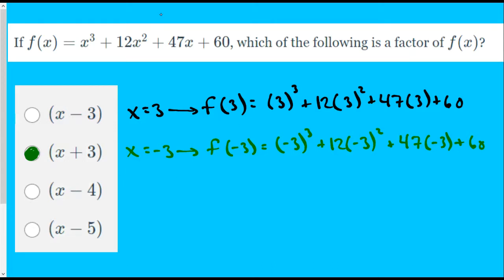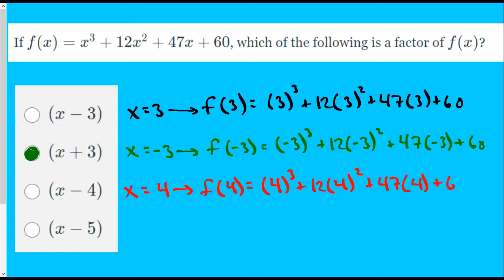To show you what the other ones would look like, just in case you wanted to see, over here I would be saying x equals 4. So I'd be evaluating the function at f of 4. That would be 4 cubed plus 12 times 4 squared plus 47 times 4 and then plus 60.